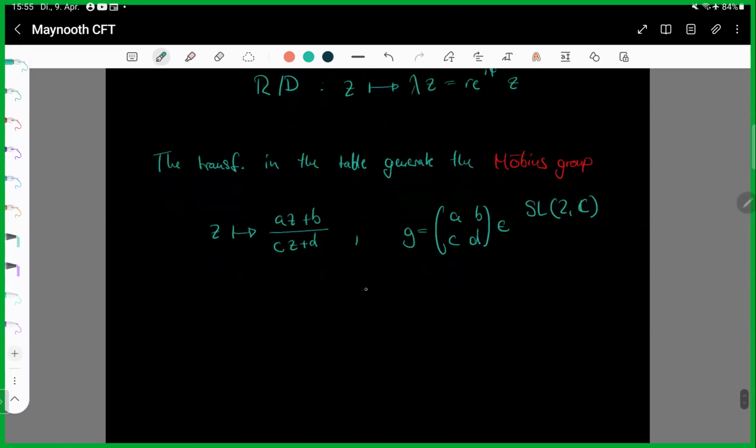In particular, special means that AD minus BC is 1. So that's what it means to be special.